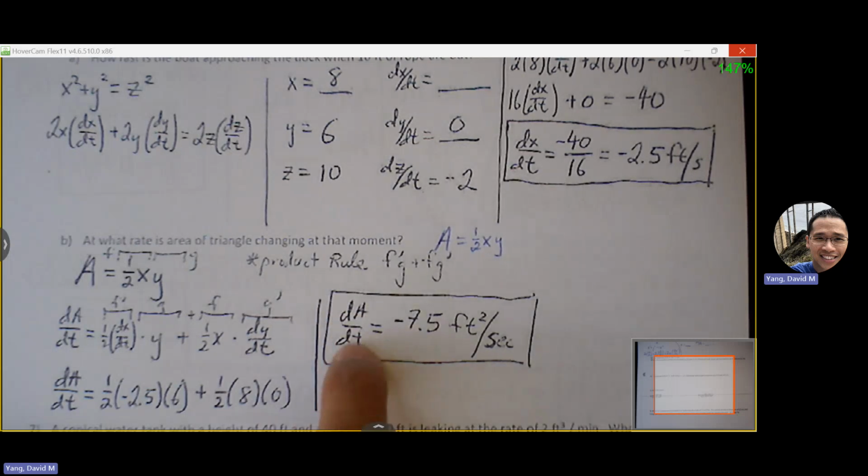Time is seconds, so we just put those units over each other: square feet per second. Okay, any questions?